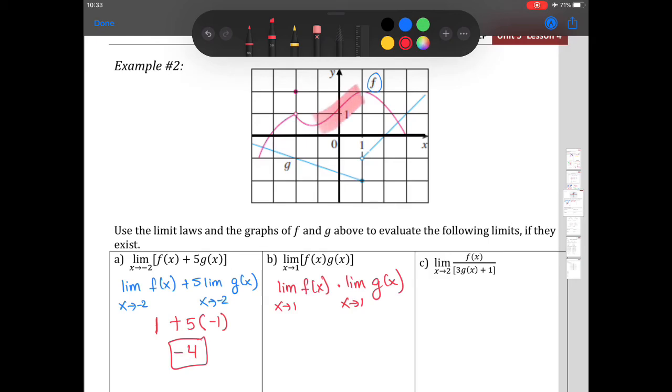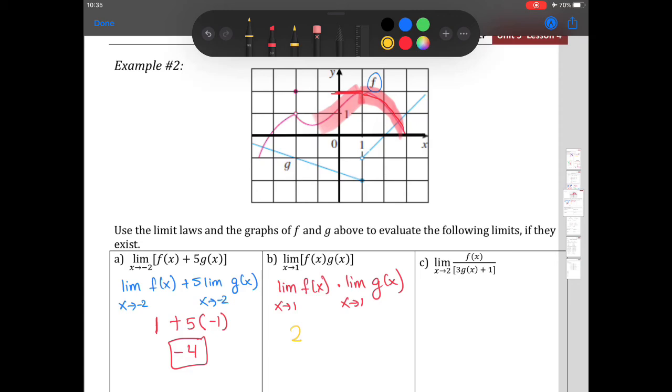From the left, it's approaching 1. What's my corresponding y value? It is 2. If it is approaching from the right, is it approaching the same thing? Yep, it is approaching 2, so that would be 2.